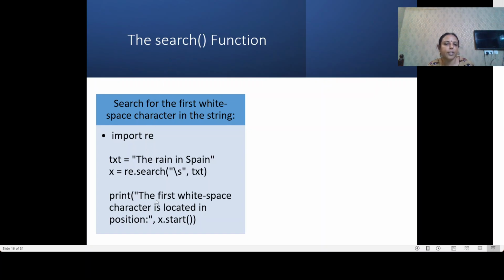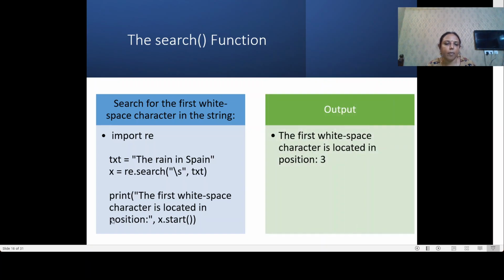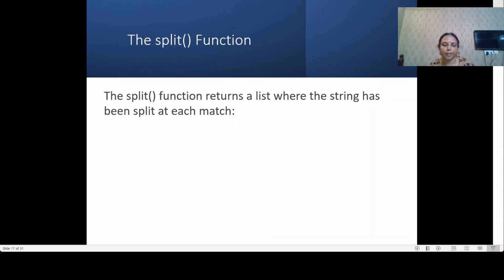Now x will return that position, and to locate that position I will be using x.start. So your output will be the white space character is located in position x.start. See here it starts with 0, so the index will be 0, 1, 2, 3, so this is the position in which your white space character is present.